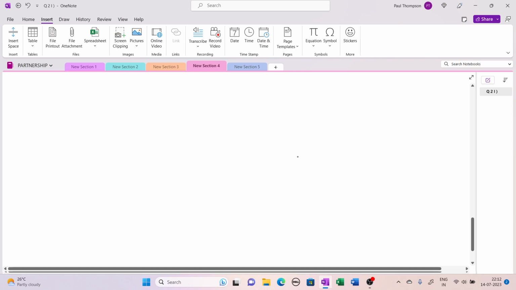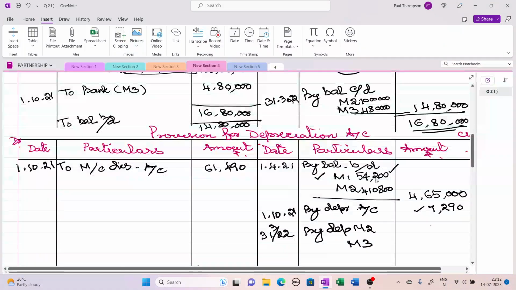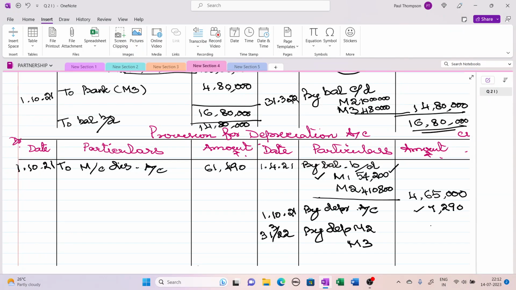So now the provision for depreciation account, machine number 2, it is 58,920. Okay. Now machine number 3 we can calculate here itself. It was purchased on 1st October.